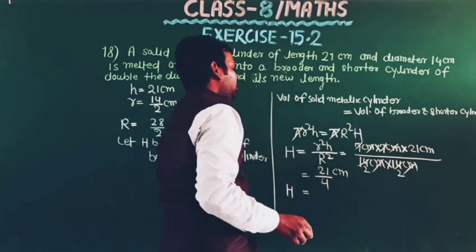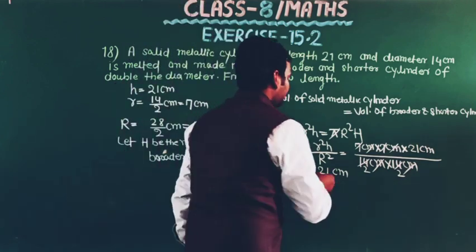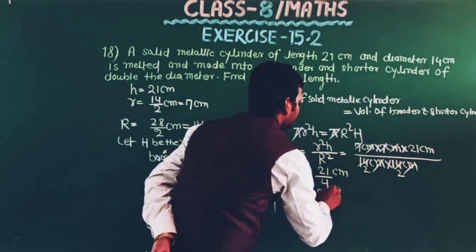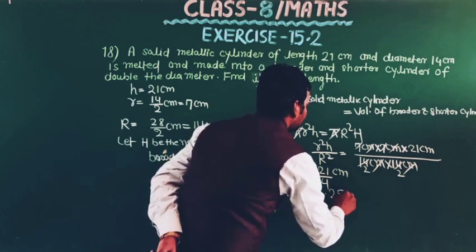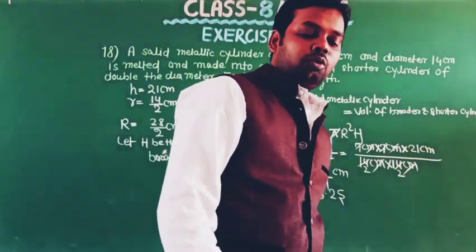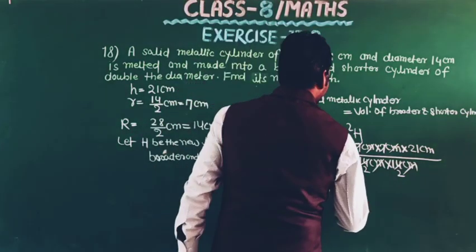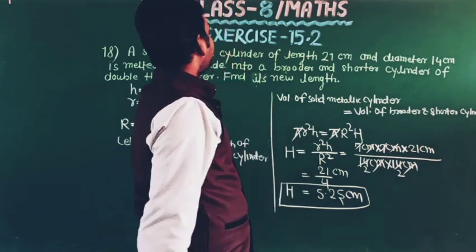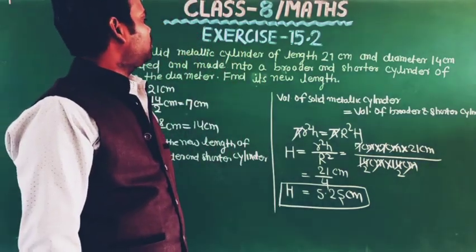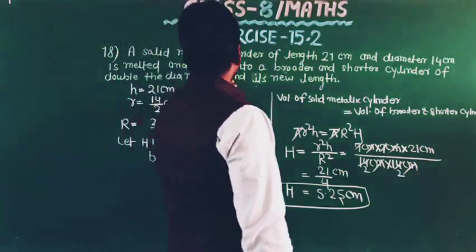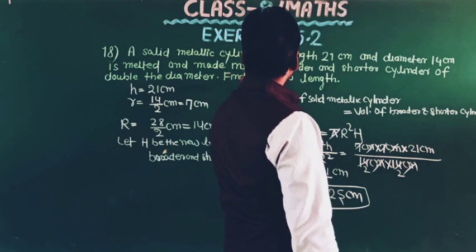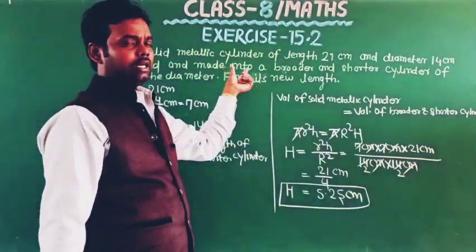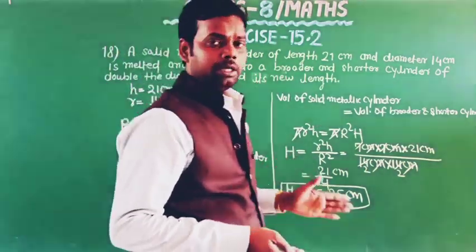Now divide 21 by 4. So we will get 4 5s are 20 and 4 2s are 8, so 5.25. So 5.25 centimeter is the length of the new cylinder, the cylinder formed by the solid metallic cylinder of length 21 centimeter and diameter 14 centimeter.